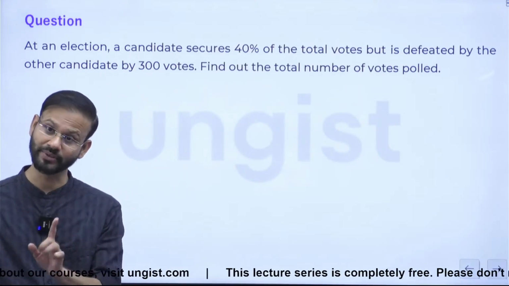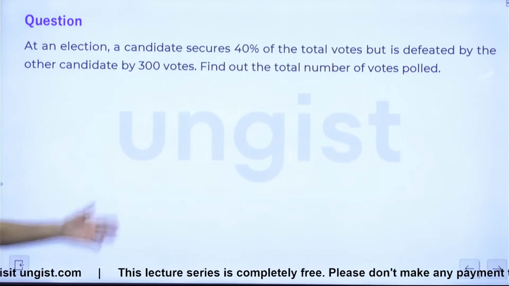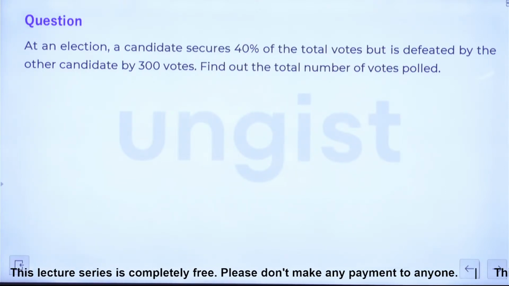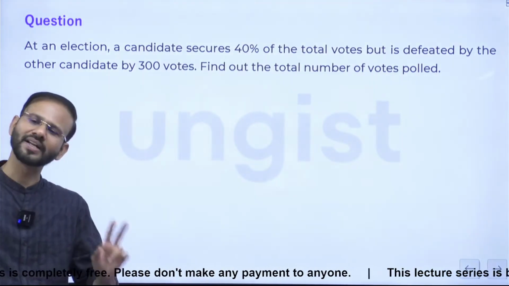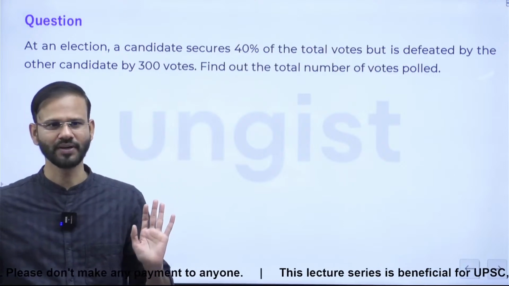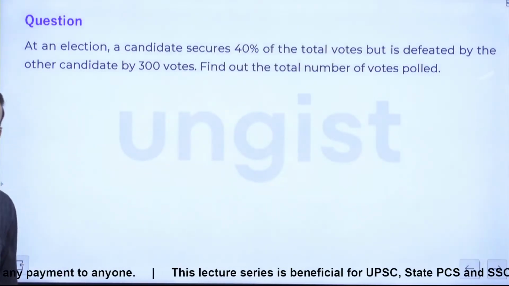If nothing is given in the question, then so here the question is saying at an election a candidate secures 40% of the total votes but is defeated by the other candidate by 300 votes. So we will just assume that only two candidates are there and no NOTA option, nothing, right? Everything is ideal in this country, right? Clear guys?